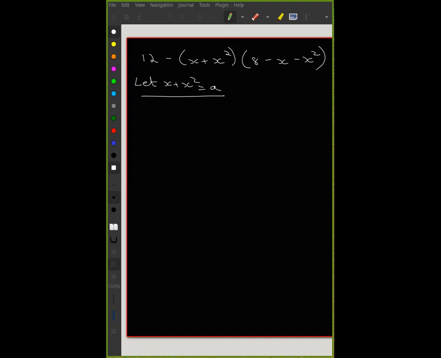Last 3 minutes, everyone try to do this. I've already given you the main hint. We have taken x plus x squared as a. See this part here.